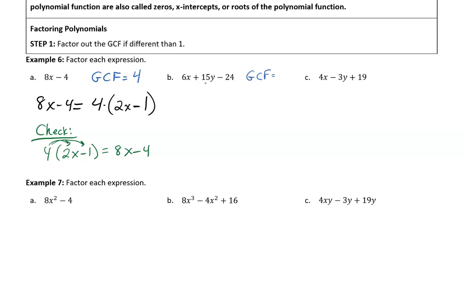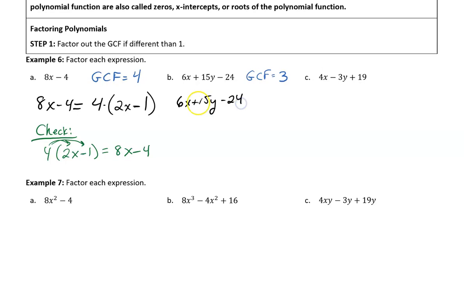Without doing my trees, though, just looking at my numbers, I can say that 3. 3 goes into 6, 3 goes into 15, 3 goes into negative 24. So with experience, you can kind of see these GCFs a little bit quicker as you work, right? But if you need those factor trees, continue to do them.